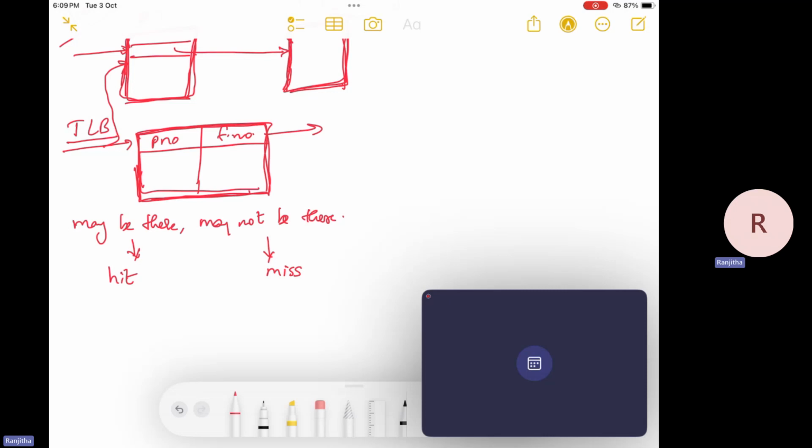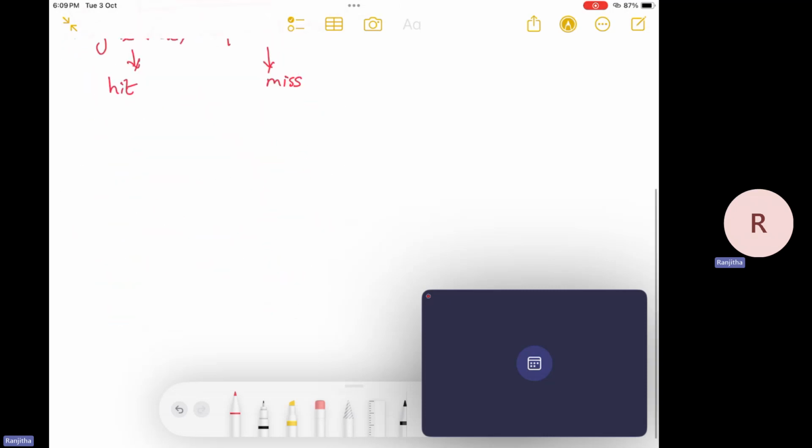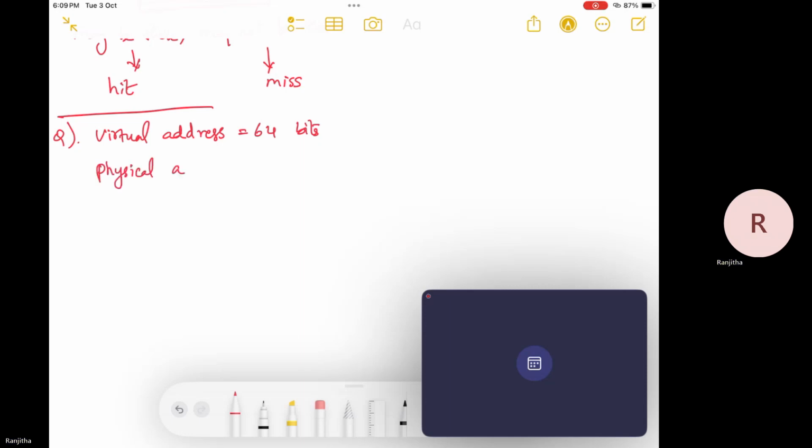So now let's look at one simple example question. Given a virtual address of 64 bits and a physical address space of 48 bits.